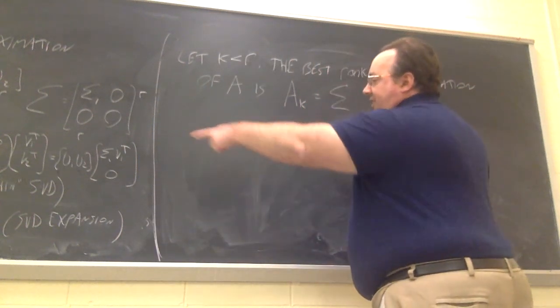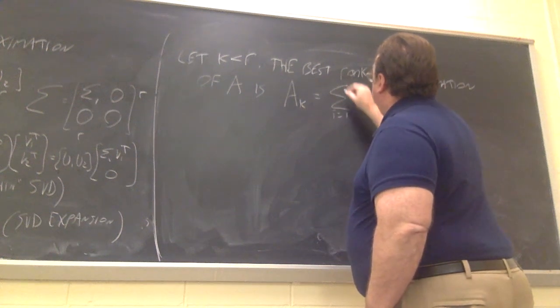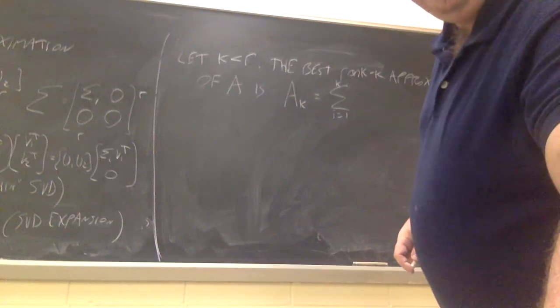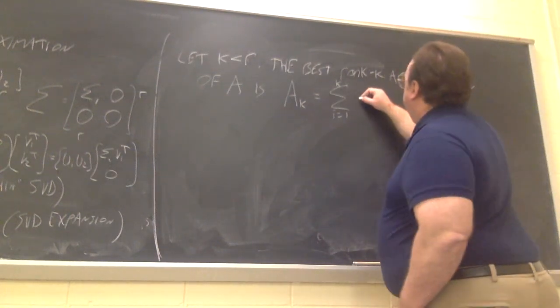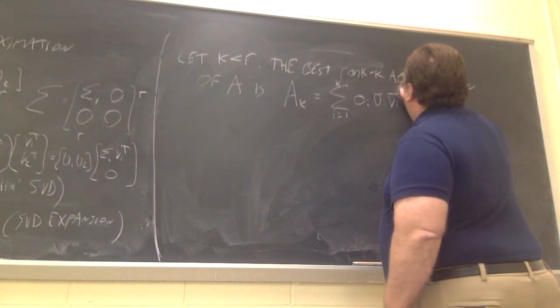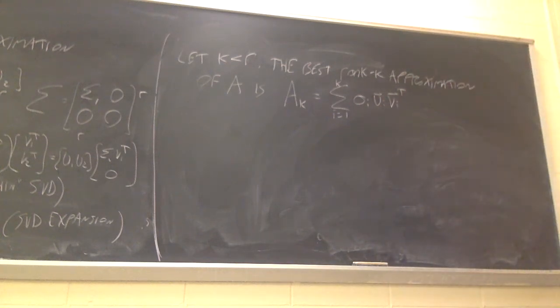All it is is that same expansion, except I cut it off after k terms. So I get the sum of sigma i, u i, v i transpose. Notice these are outer products, which you've seen before.